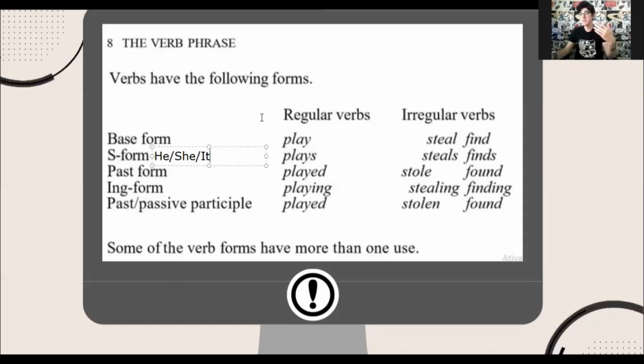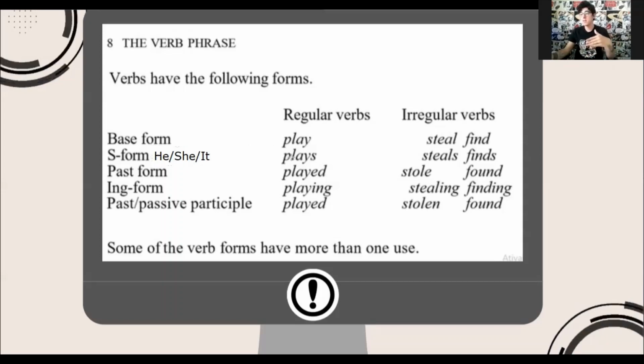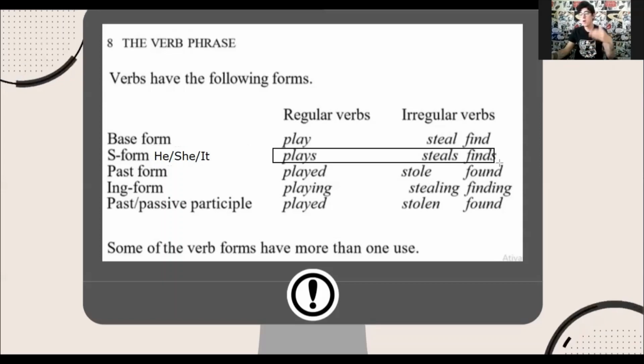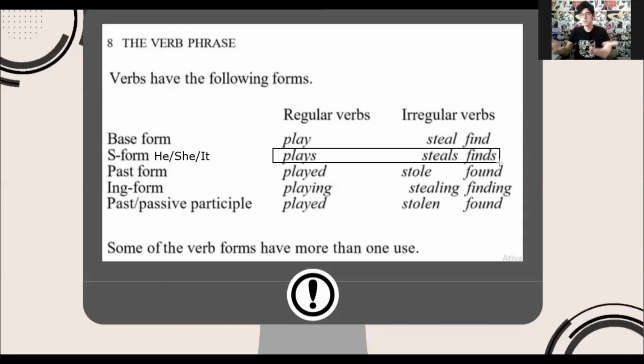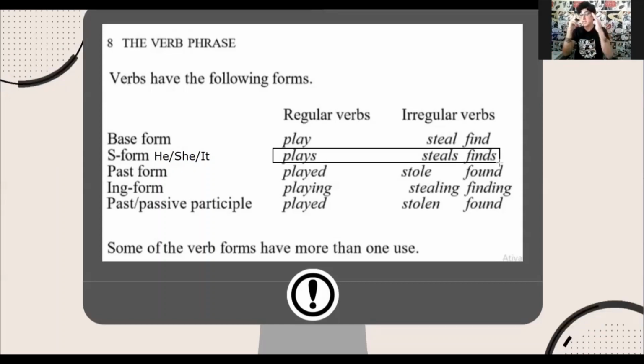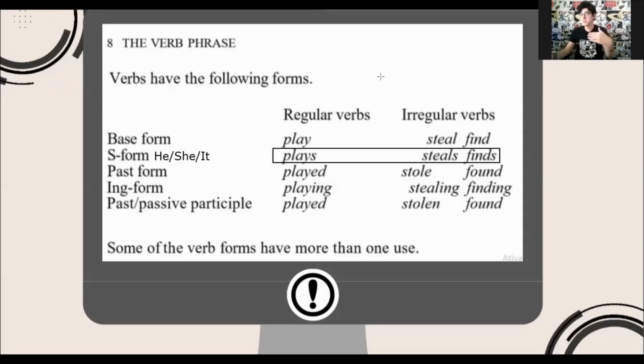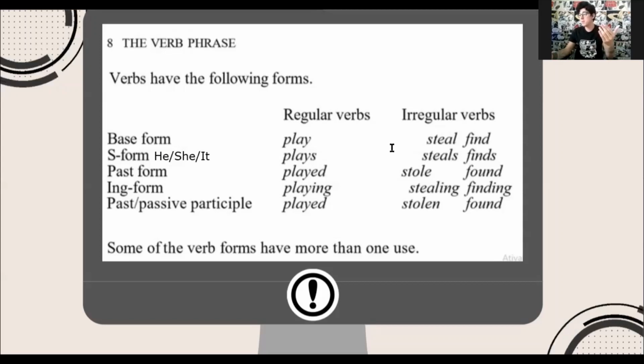In this specific case, the regular verbs and the irregular verbs follow the same pattern, okay? But there are some exceptions, of course. For example, the verb to be is irregular. So for he, she, it, we have is. Another case is the verb have.